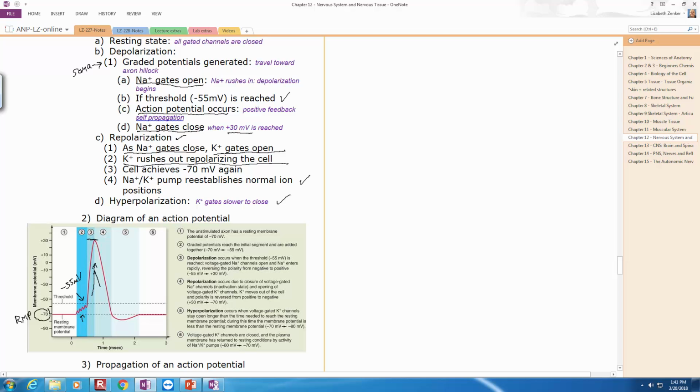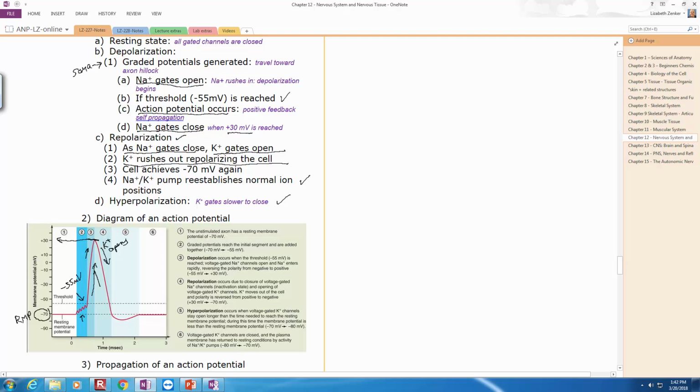What happens when we hit here? We have had a 100 millivolt change, so we're now at positive 30. The positive 30 millivolts causes the sodium gates to close and the potassium gates to open. So because it closes, we're now not shooting up this way. Now the potassium gate opens, which causes us to repolarize.